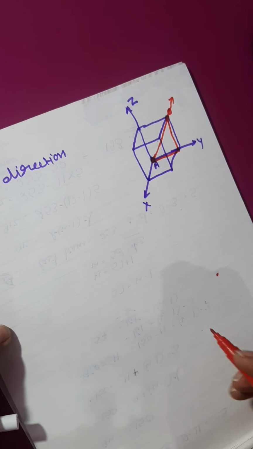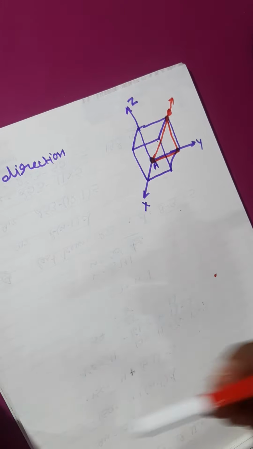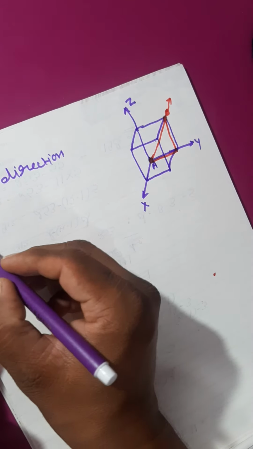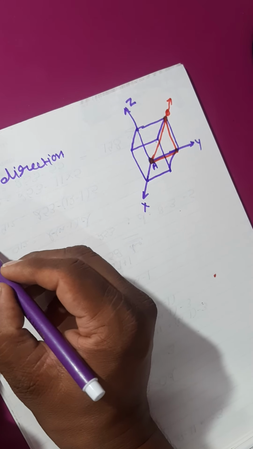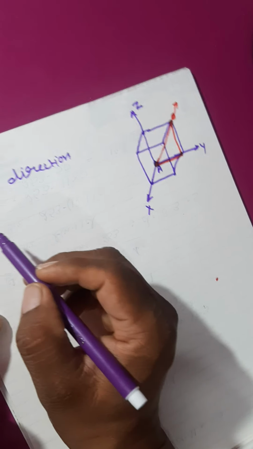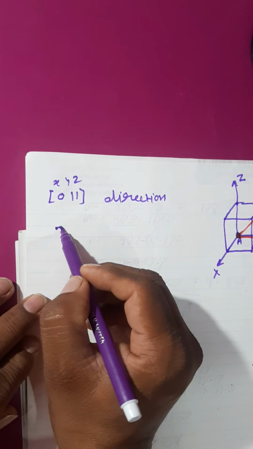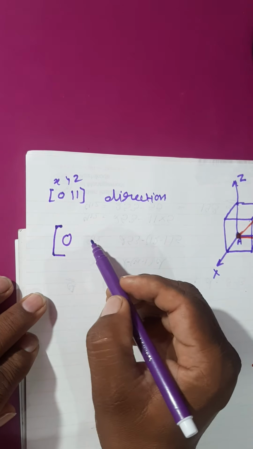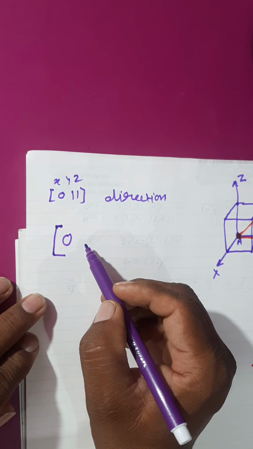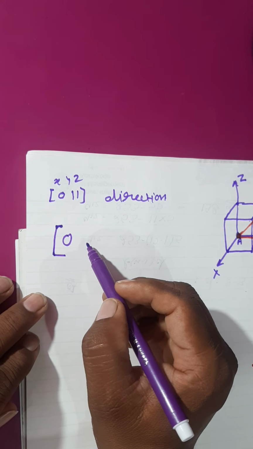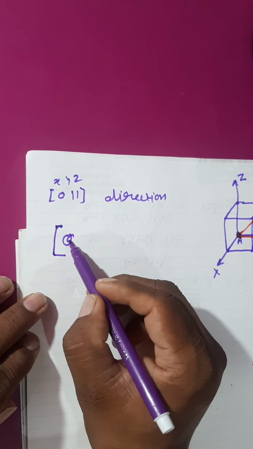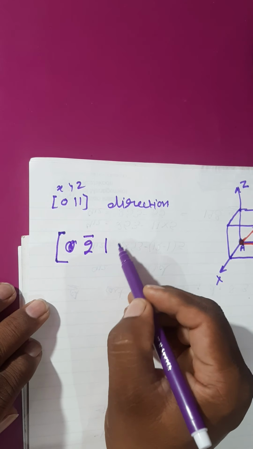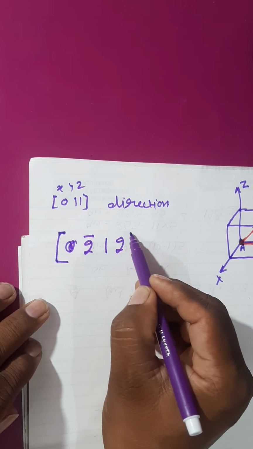Let us consider another example. Suppose we are given 2 bar, 1 and 2 bar.